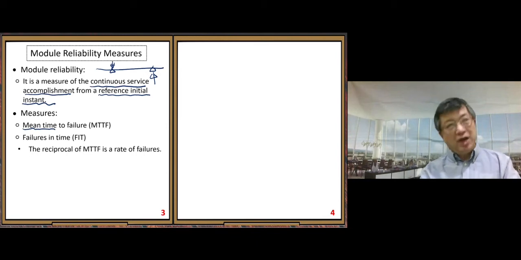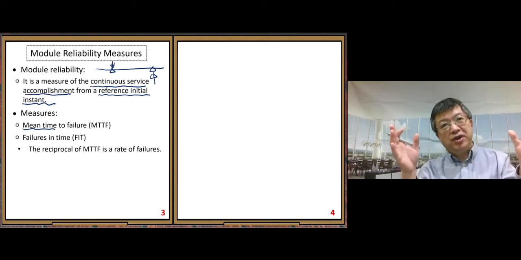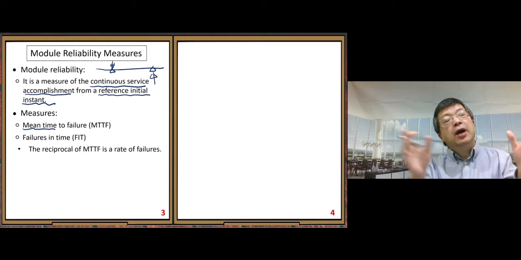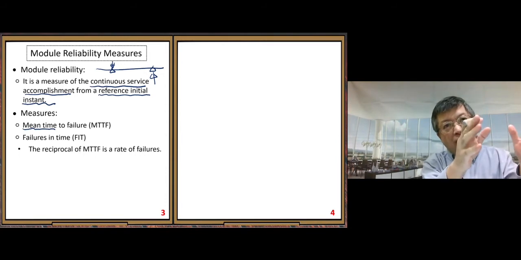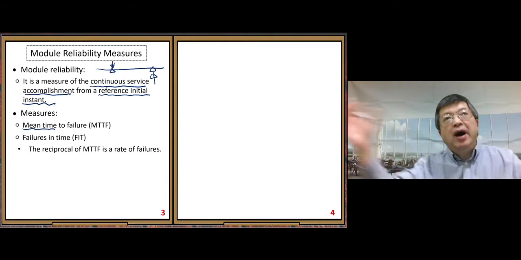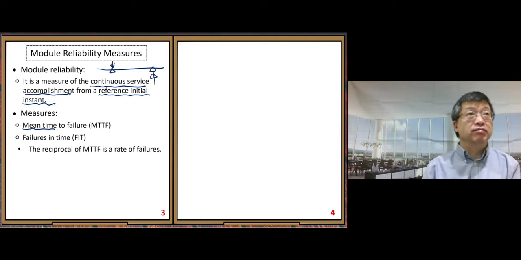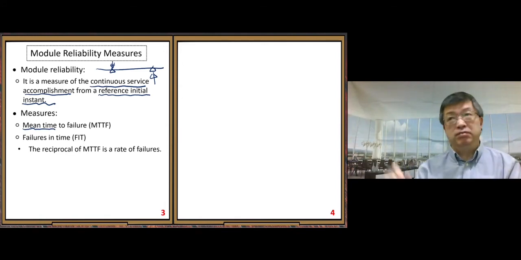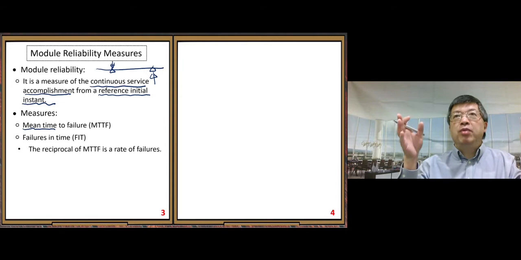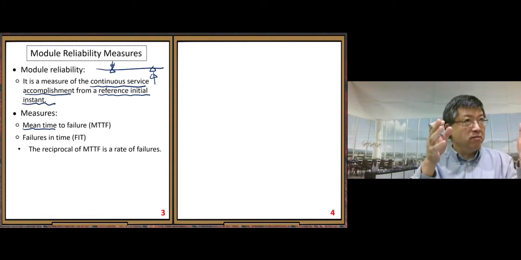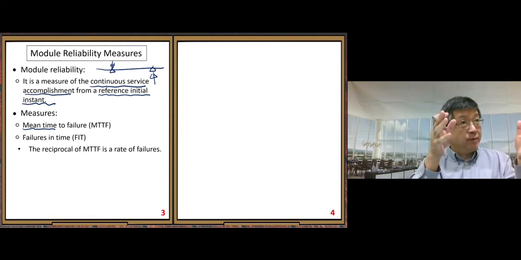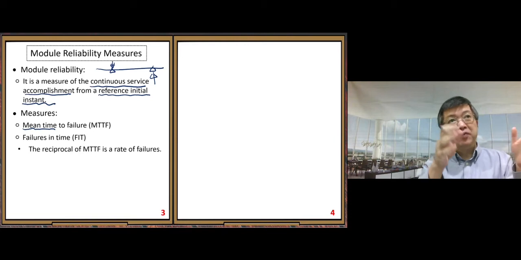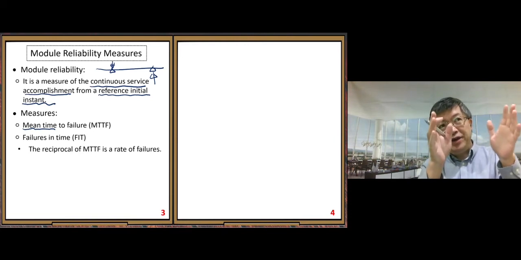For example, here I just use a simple example. Let's say mean time to failure equals 1 million hours. So that's a big number, 1 million hours. Then FIT takes the reciprocal, 1 over 1 million. 1 millionth. Then we understand it in this way.